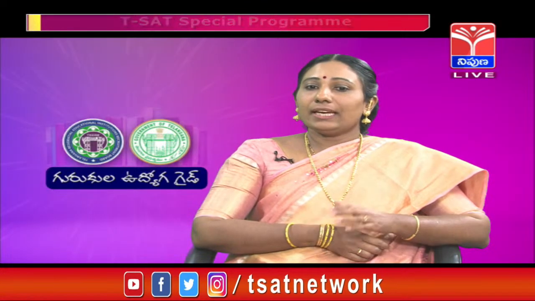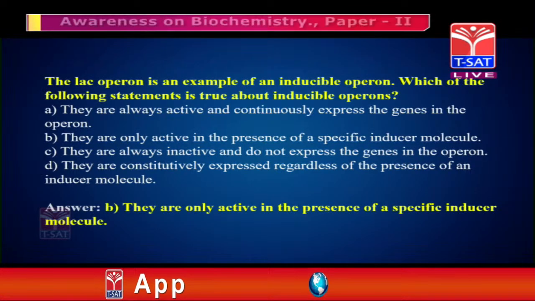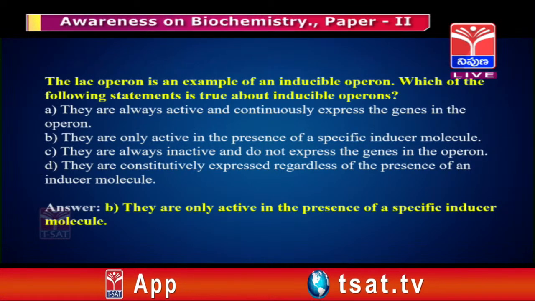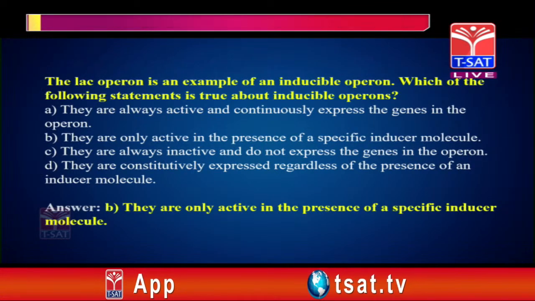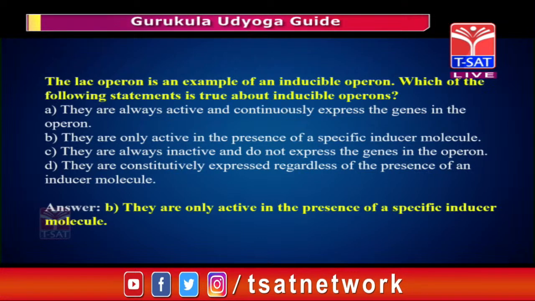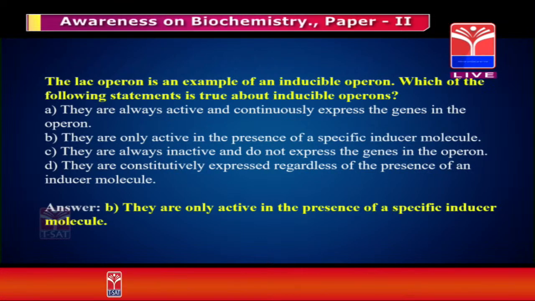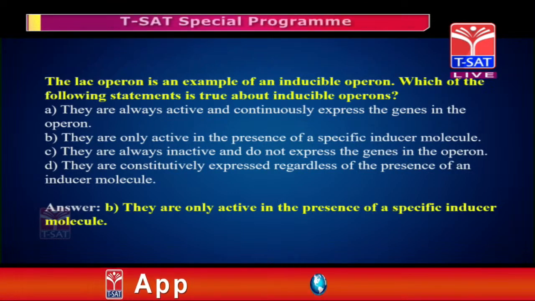Another option: they are always inactive and do not express the genes in the operon. What is that feature of an operon, and where do such operons work? Another: they are constitutively expressed regardless of the presence of an inducer molecule. Now, the answer here is that they are only active in the presence of a specific inducer molecule.